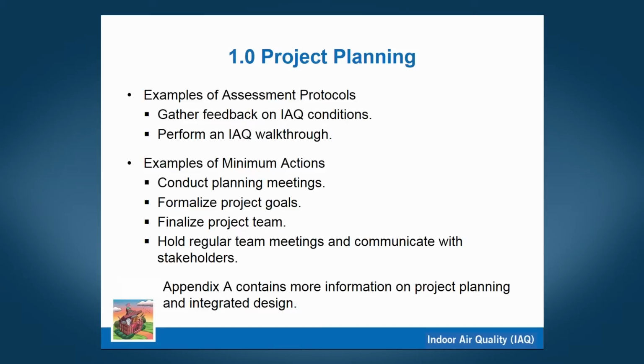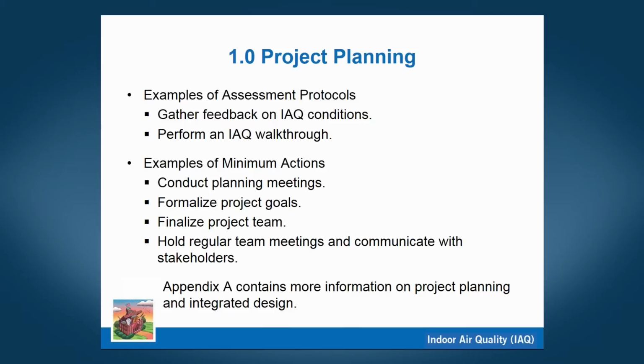And in the guide, you will see assessment protocols such as gathering feedback about the indoor air quality conditions through a walkthrough, or you could simply go and talk with students, teachers, school nurse, or the principal to understand what type of complaints you have at hand before you even start your project.